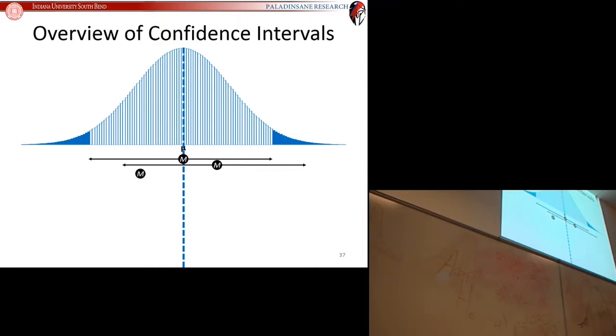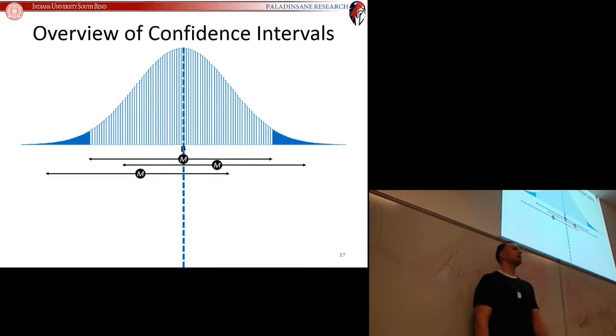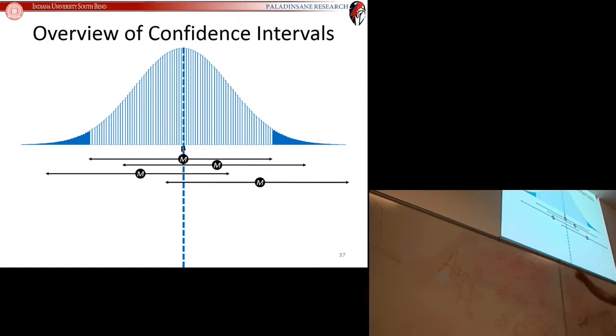What about for that mean? Point estimate, missed it. Got it incorrect. Interval estimate contains the mean. So this is another correct interval estimation. This is the estimation for another sample mean. Once again, it contains the mean of the population. Once again, a correct estimation.